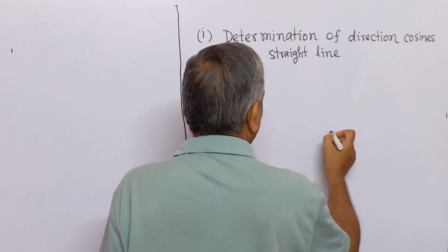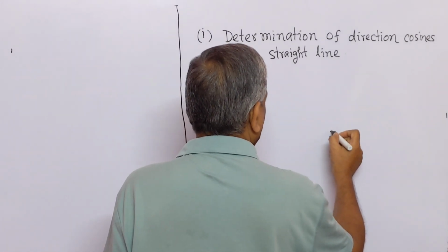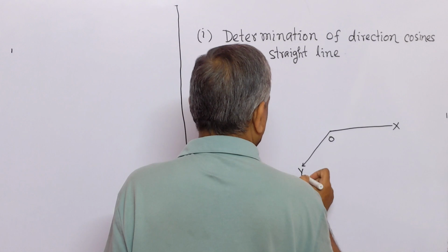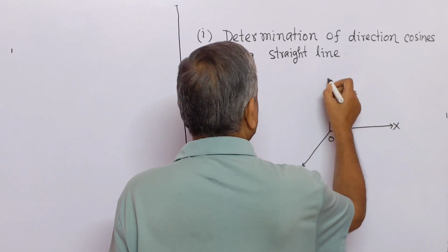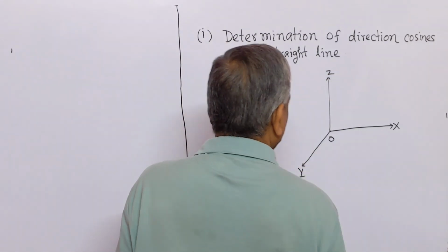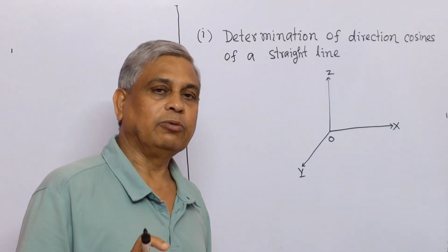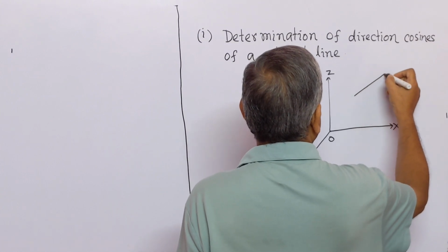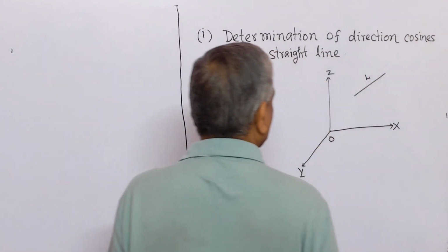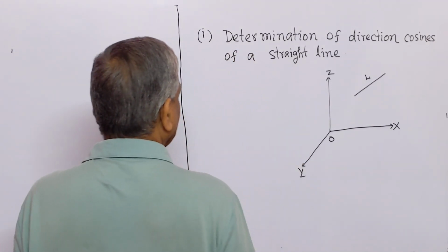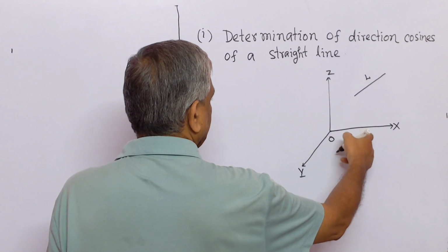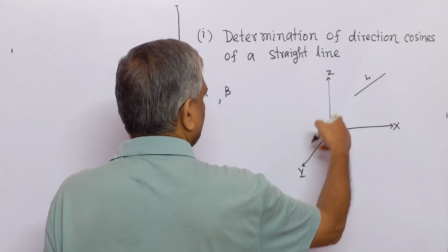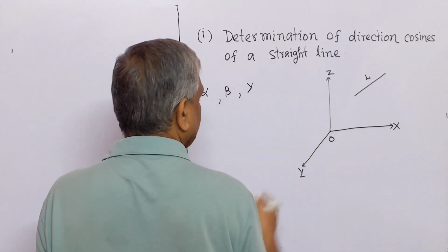Let O be the origin and OX, OY and OZ be three axes in a rectangular Cartesian system of coordinates. Let L be a straight line which makes angles alpha with x-axis, beta with y-axis and gamma with z-axis.